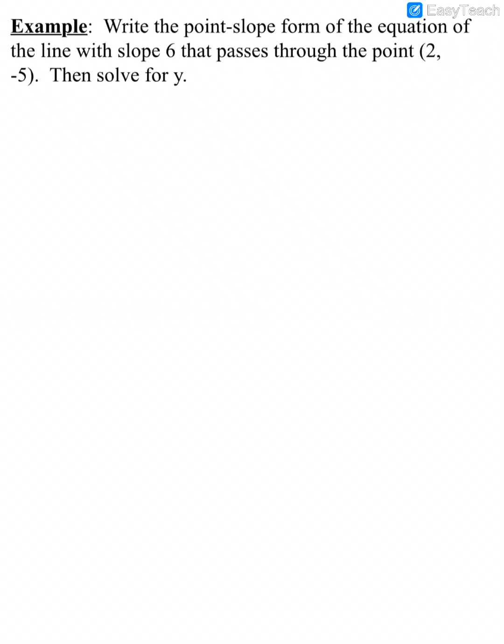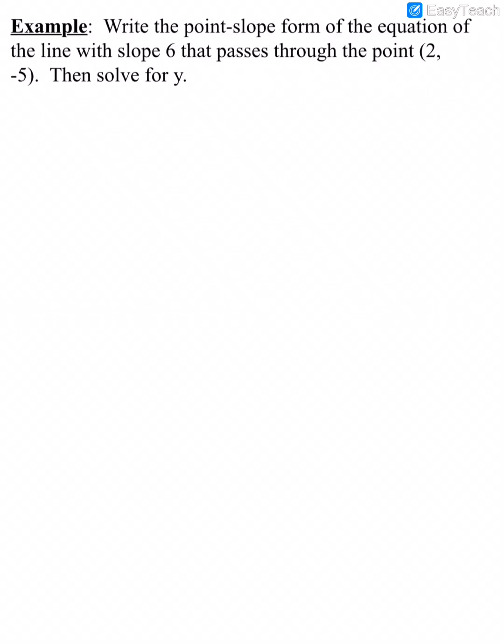So the point-slope form, remember, is y minus y sub 1. So y minus my y sub 1 would be -1 equals m. What is my m? It's -5. That's my slope. Times x minus x sub 1, which is -2. Okay, so that's point-slope form.